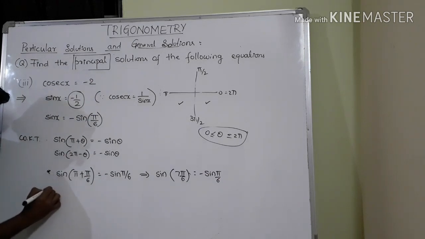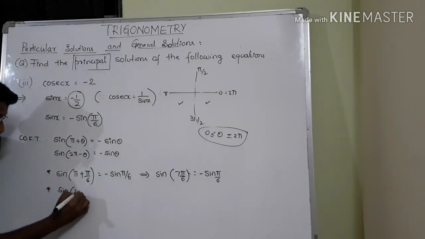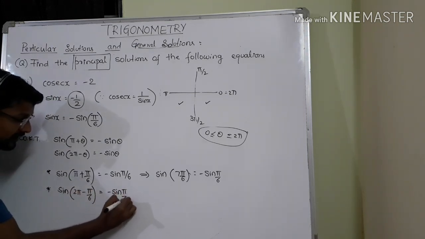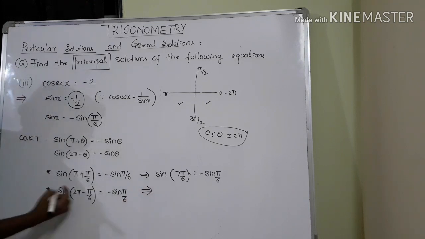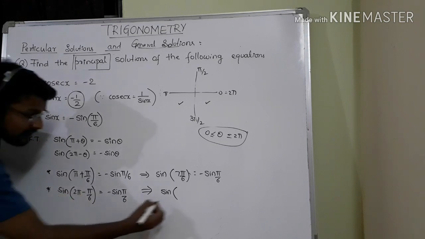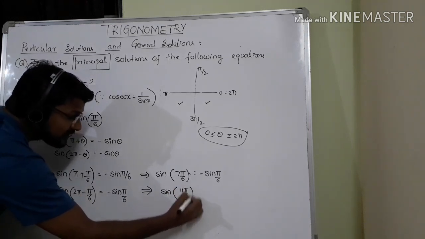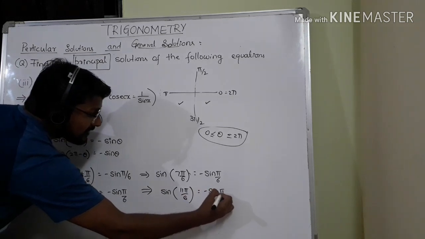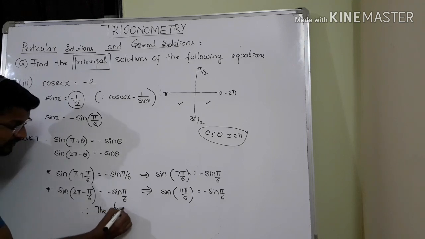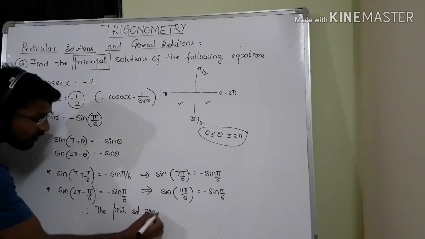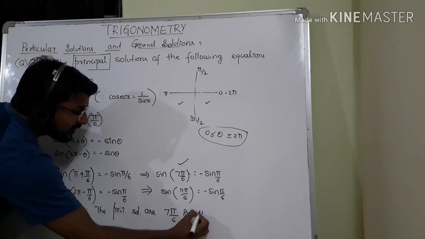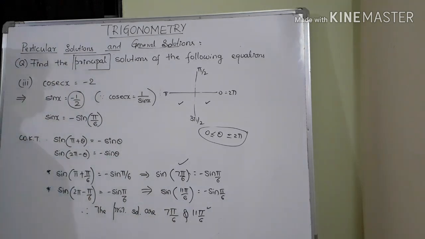The other one will be sine of 2 pi minus pi by 6, which is equal to minus sine pi by 6, which gives me the answer 11 pi by 6. Therefore, the principal solutions are 7 pi by 6, which is in the third quadrant, and 11 pi by 6, which is in the fourth quadrant.